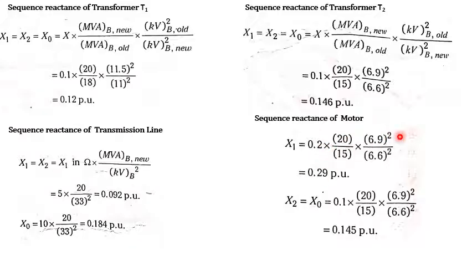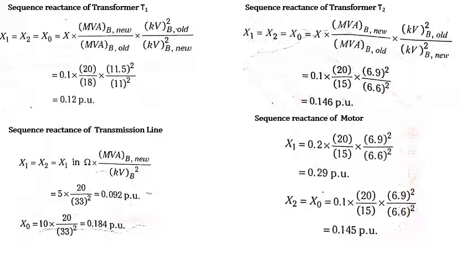Substitute these values, the old value 6.9 and the new value 6.6, you get 0.29, and for X2 and X0 we'll get the value of 0.145.